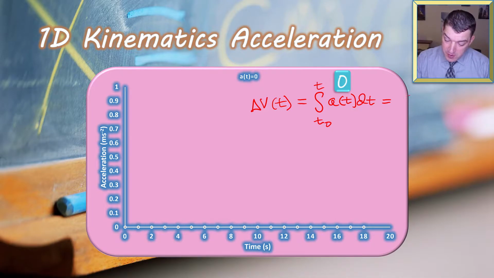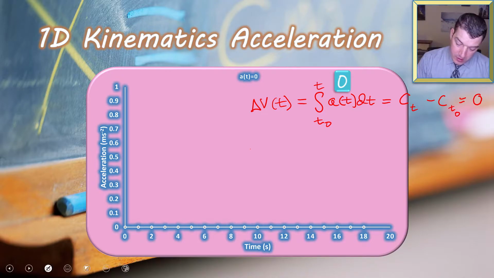So we have some constant c at t minus that constant at t naught. And by definition, since it's a constant, it's not changing, the value minus itself is zero. So now we know that our change in velocity is zero. Without additional information, we don't know whether or not we're at rest or moving at a constant speed, but we do know that we are not changing the magnitude of that velocity.